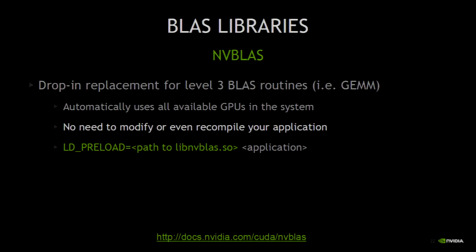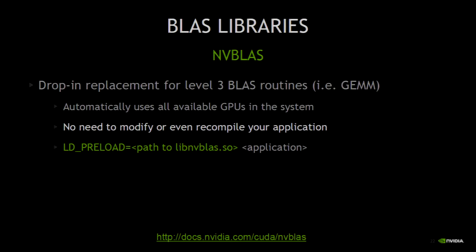Now, if you're lucky and you're using some level 3 BLAS routines, for example, dense matrix multiplication or TRSM, you can use our drop-in library NVBLAS. You don't need to modify your code or even recompile it at all, and this library will use all the GPUs available in the system automatically.